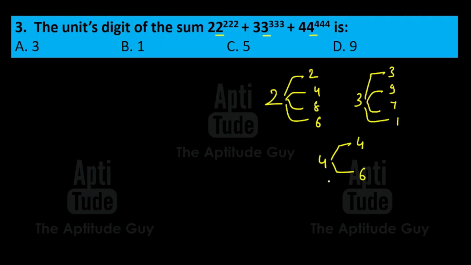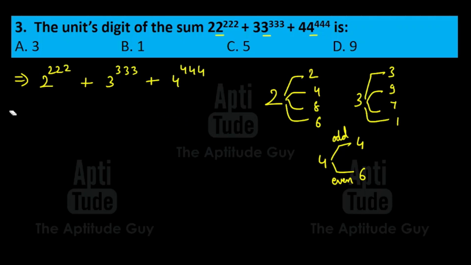That's all. And what did we learn in the previous video? We learned that 4 to the power odd number always ends with 4 and 4 to the power even number always ends with 6. Alright, so let's simplify this question. First step of simplification, we have 2 to the power 222 plus 3 to the power 333 plus 4 to the power 444.